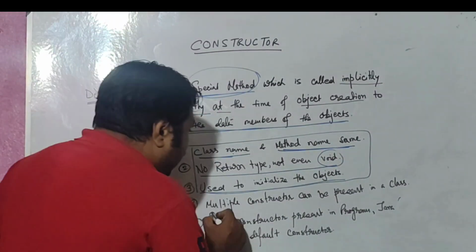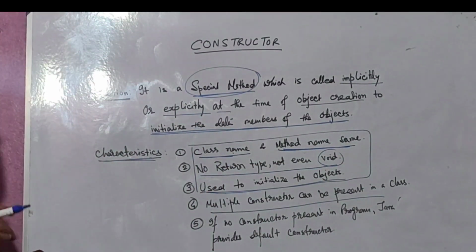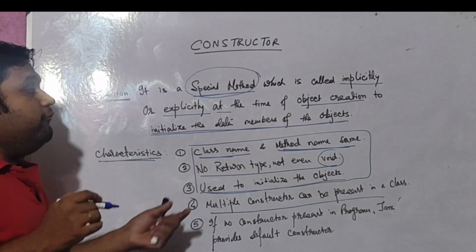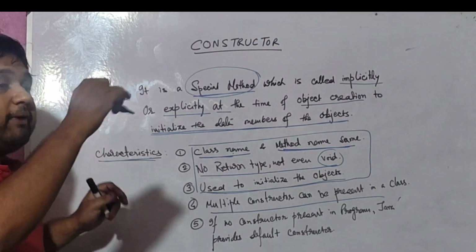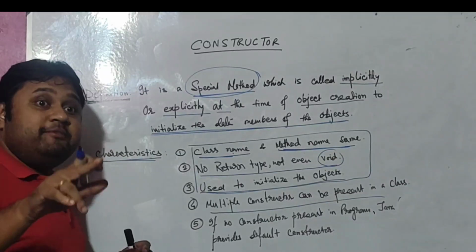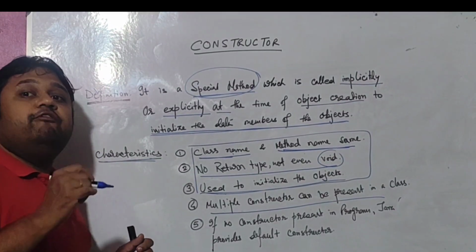Now next point. Multiple constructors can be possible. When multiple constructors are possible in a program, we are using the same function name multiple times in the program, which means function overloading.